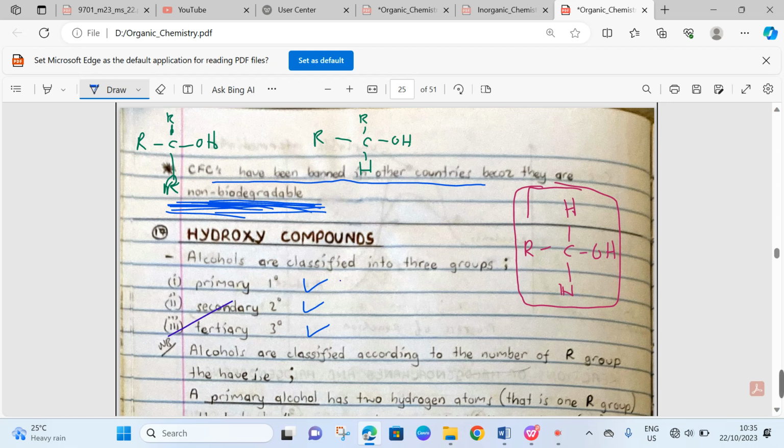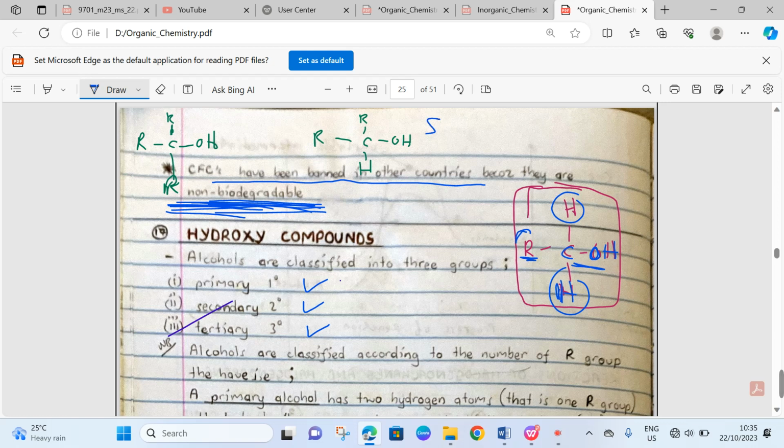So here, this is the hydrogen atom over here. You see the carbon atom here that is attached to the OH group. It is attached to two hydrogen atoms, 1 and 2, and one other group. So if the carbon attached to the hydroxy group has one other group, it is a primary alcohol.